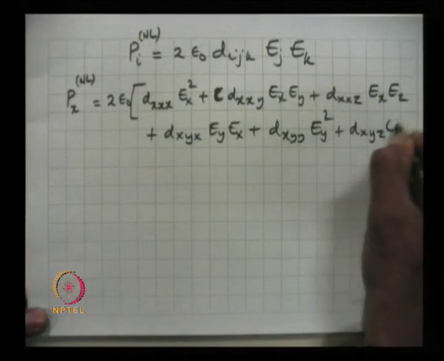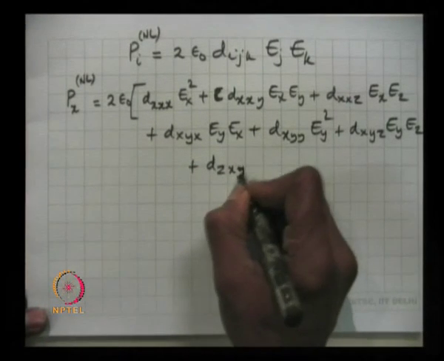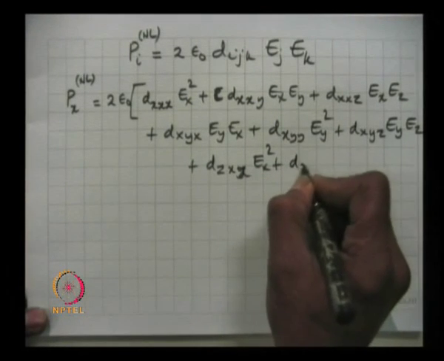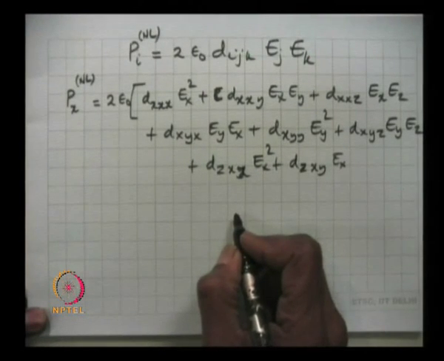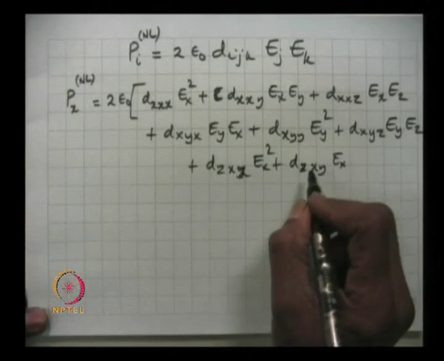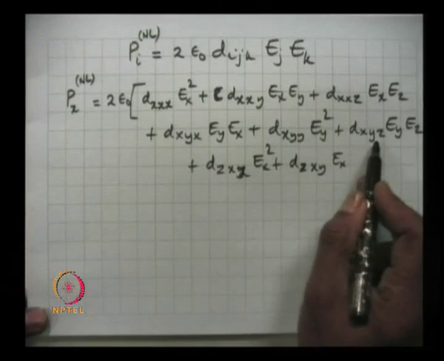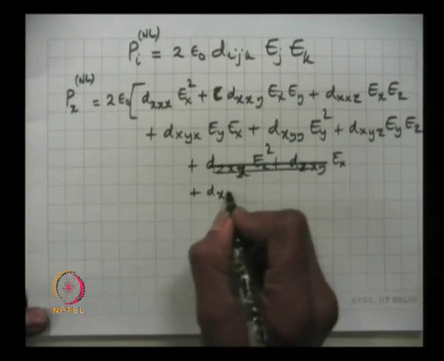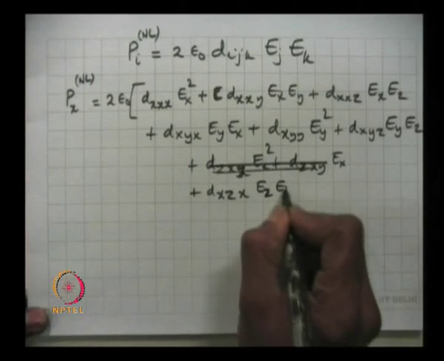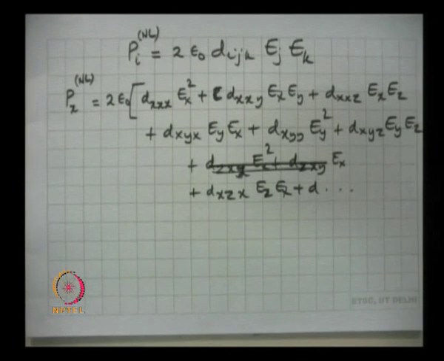How many terms will be there? 9 terms, because these two indices can take 3 values each and I get 9 terms.